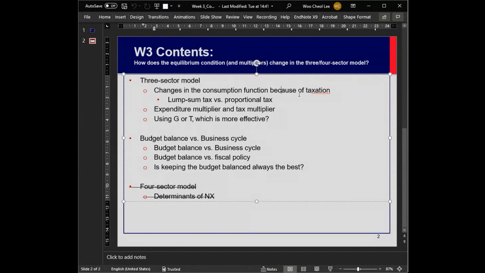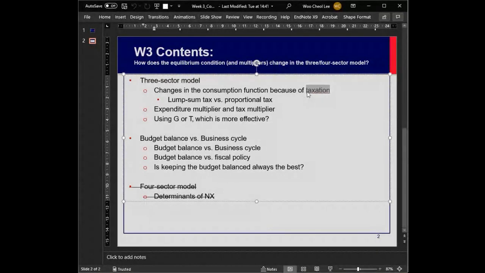But at the same time, you have to consider this. Tax. There was no government, people don't need to pay tax. But as soon as they have government, people have to pay tax. So the main concern is how much this tax is likely to change aggregate expenditure.